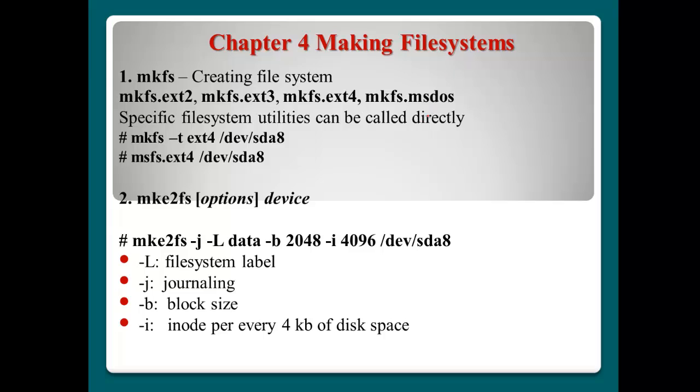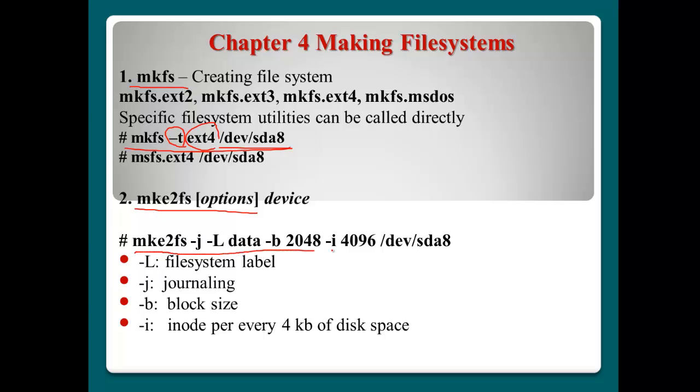Then next, the process to create a file system using mkfs or mke2fs like this. If we want to create the file system like this, mkfs -t, the file system type will be ext4, and the partition will be /dev/sda8 or sda9 like this. Or number 2, mke2fs.